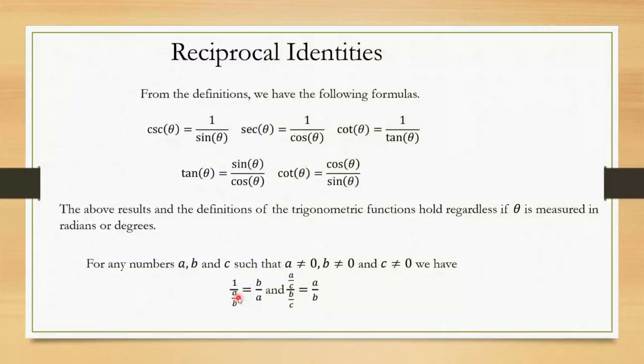That's just algebra, I'm sorry, not definition. If you have 1 over a fraction, you invert the fraction. The numerator becomes the denominator, and the denominator becomes the numerator. This will help when we're dealing with these.